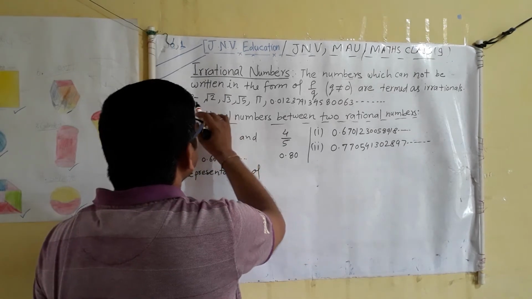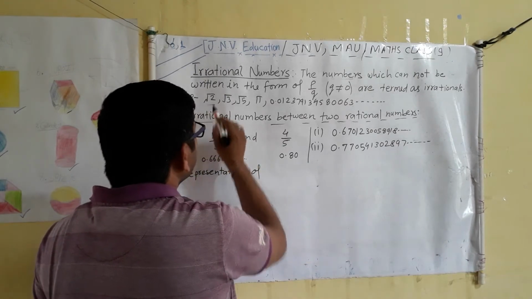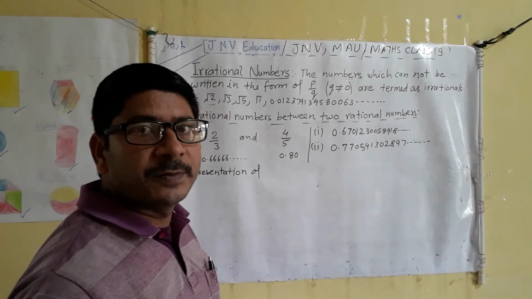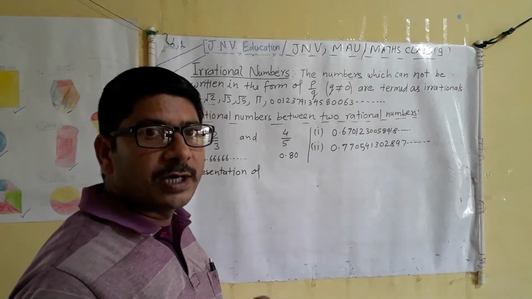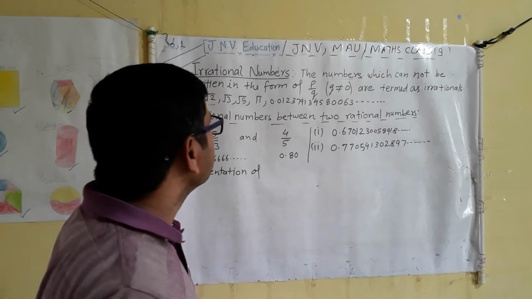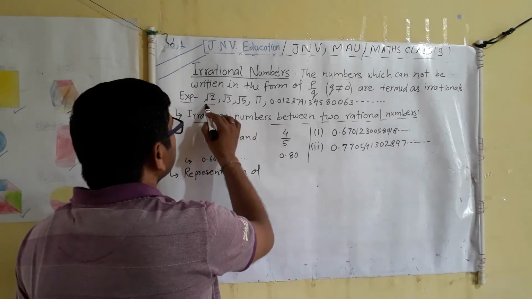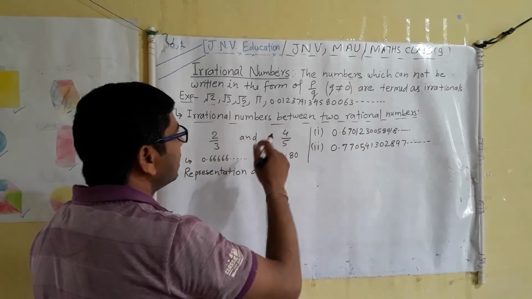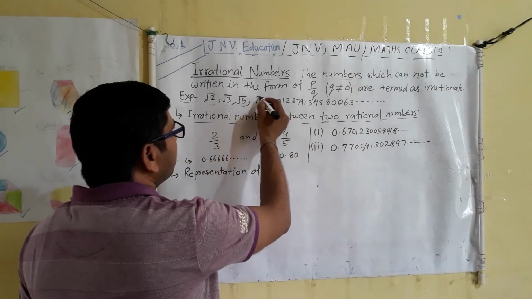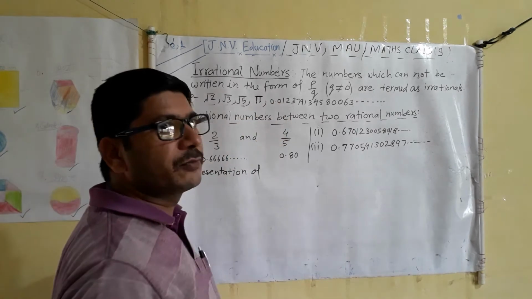Take some examples. Square root of non-perfect square numbers like square root 2, square root 3, square root 5, etc. And the value of pi, that is 3.14 and something.